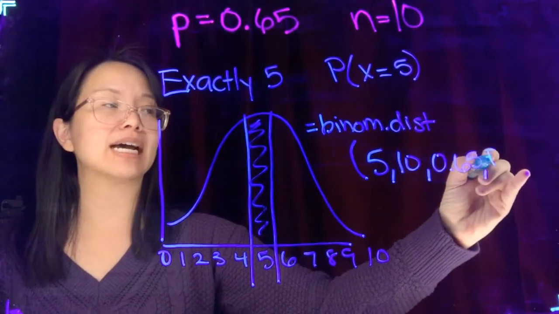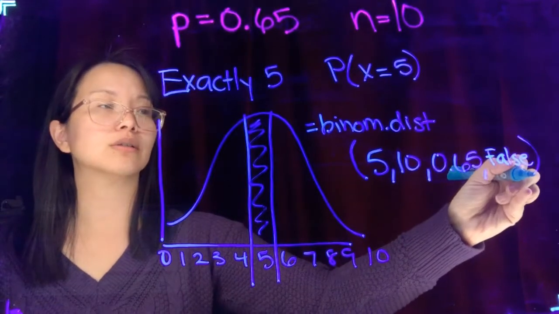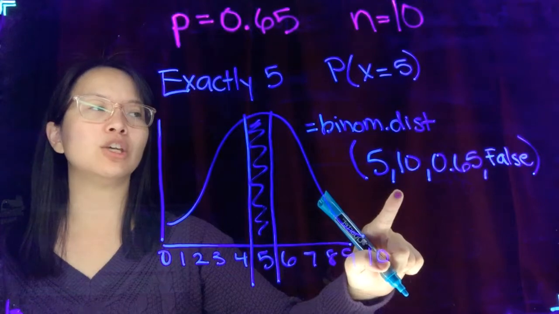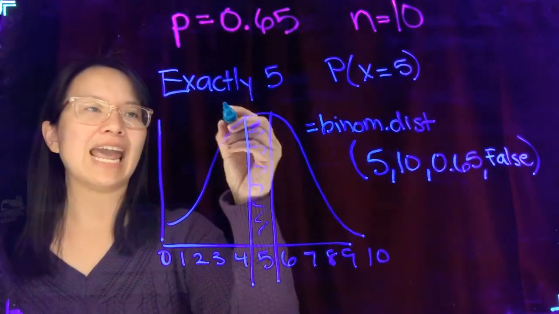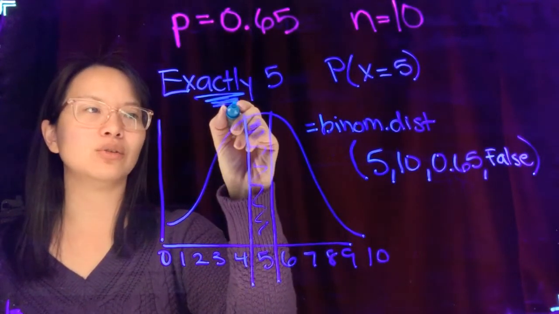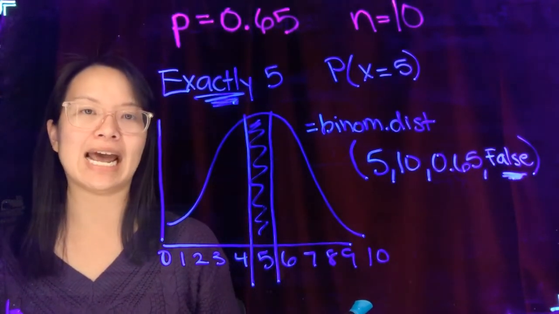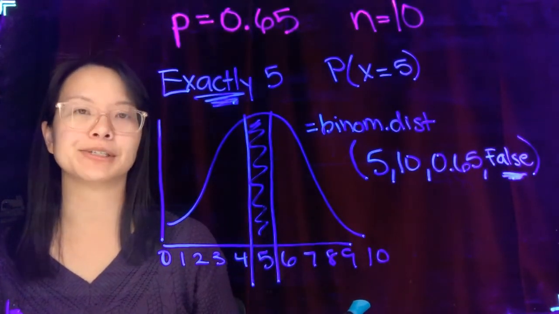We'll type in false. That's the formula that we use in Excel. Anytime you're doing an exact value, it is not cumulative. We're not adding up. Hence, we use false.